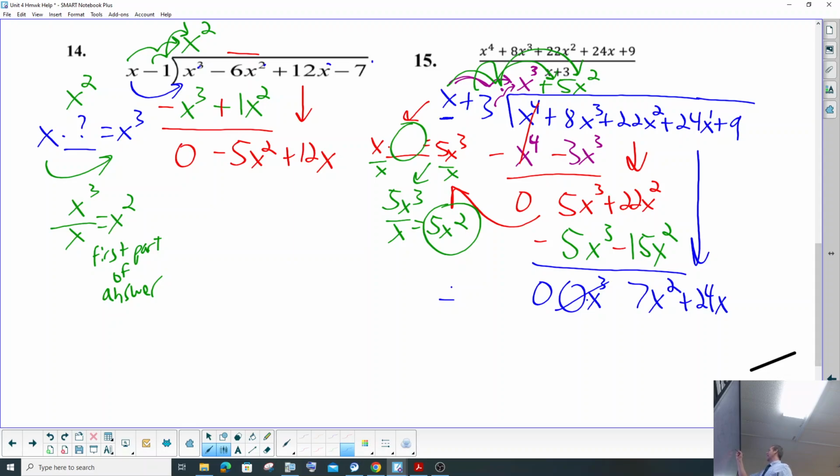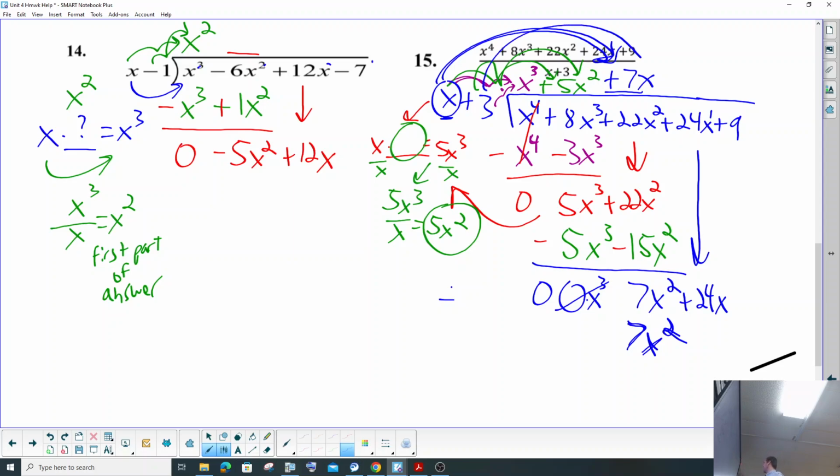So how does x times something give us 7x squared is the question. So x times a positive 7, that's only 7x, so we need an x in there. So x times 7x is 7x squared. Okay, so then we also have to multiply the 3 through.